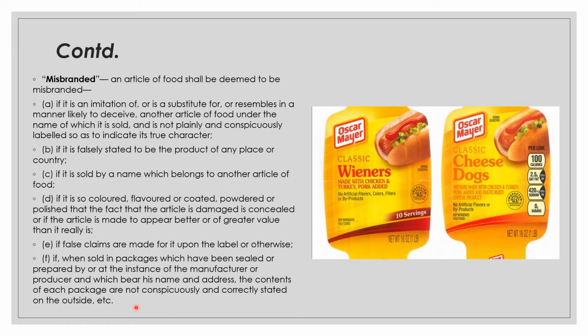The contents of the package, I mean the manufacturer's name and address, the dealer's name and address, etc. are not labeled in a correct manner, are not conspicuously planned. It is also a case of misbranding.